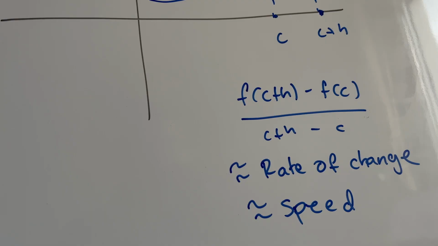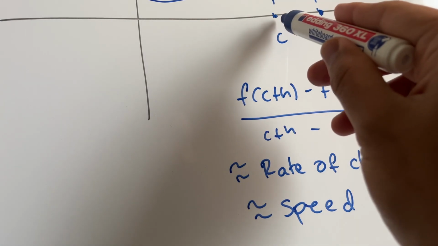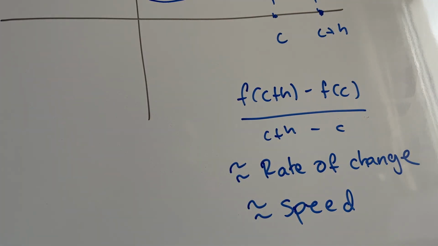When we take the limit when h tends to 0, that means we take approximations closer and closer to c. That's what's called the derivative.